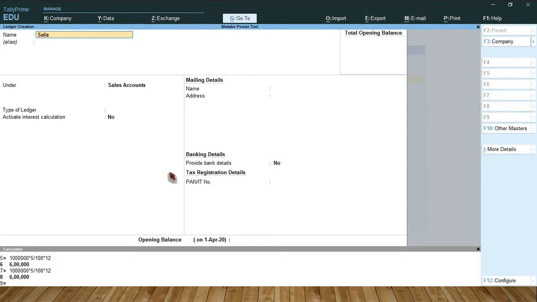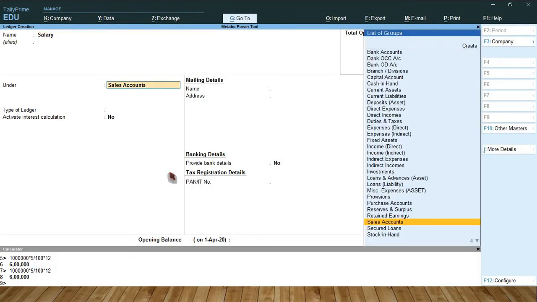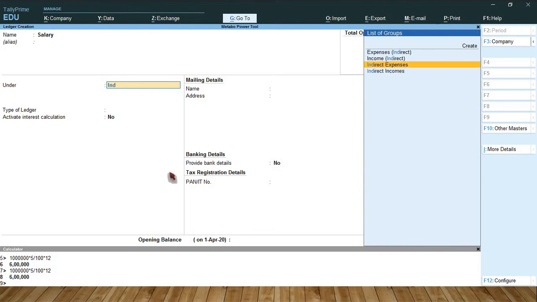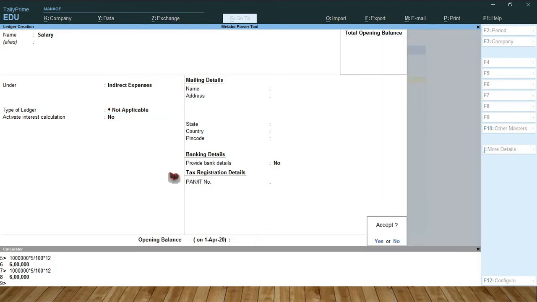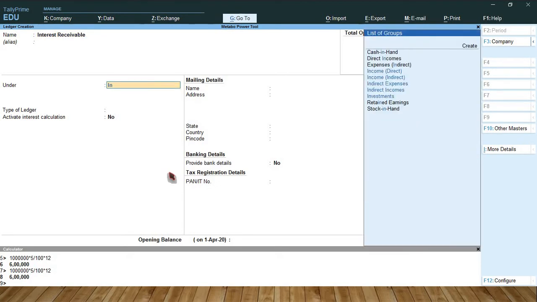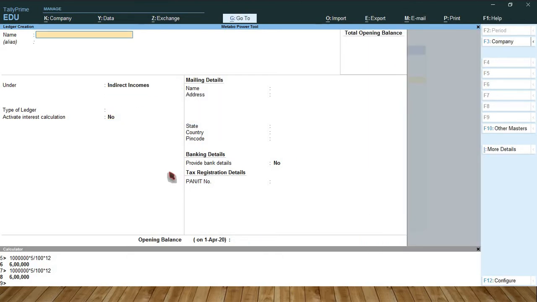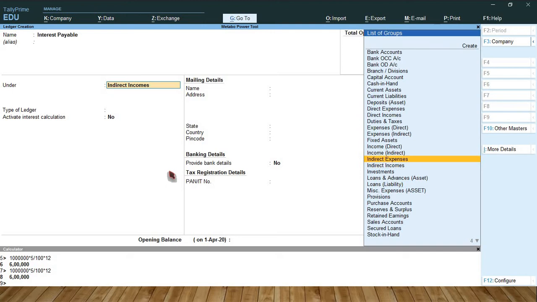Salary, indirect expenses, interest receivable, indirect income. Accept. Interest payable, under indirect expenses.